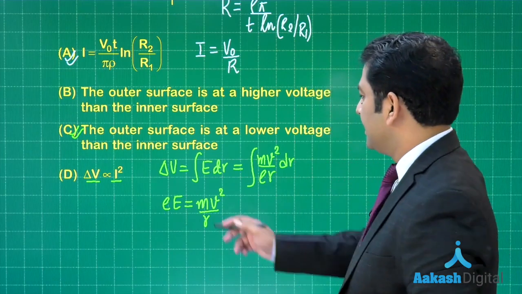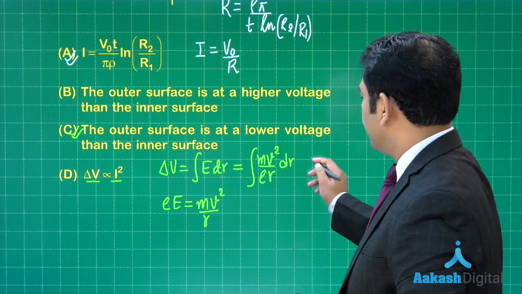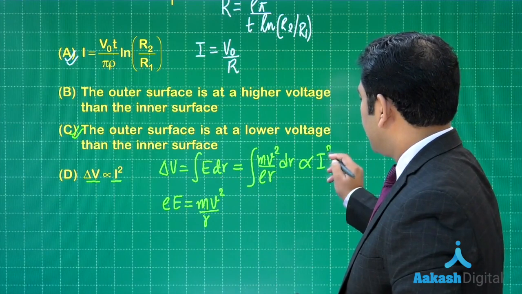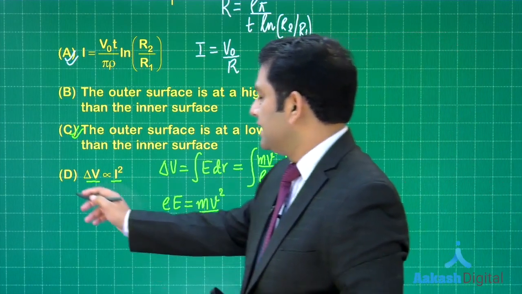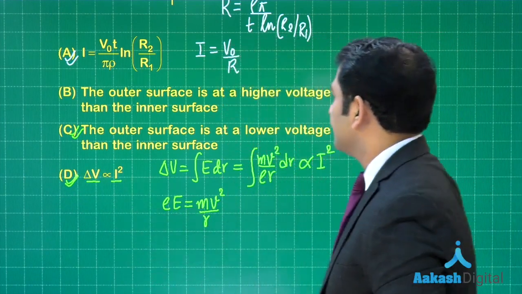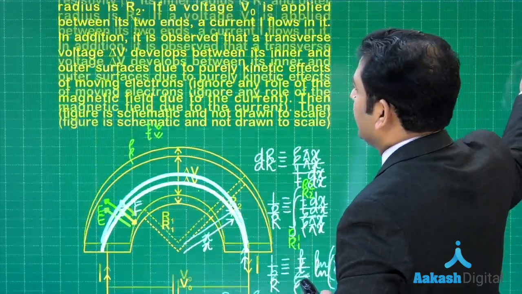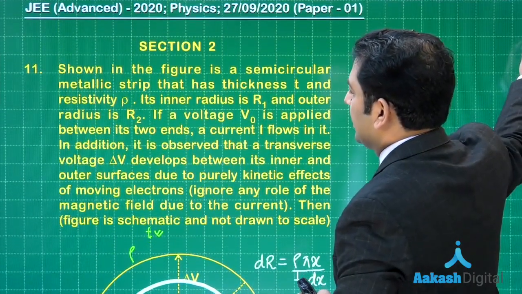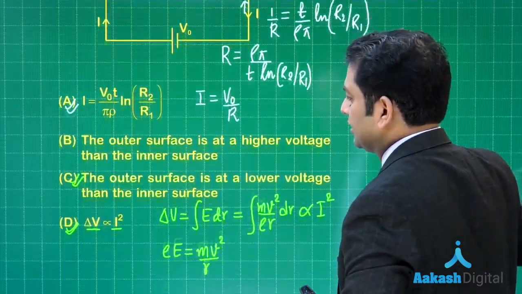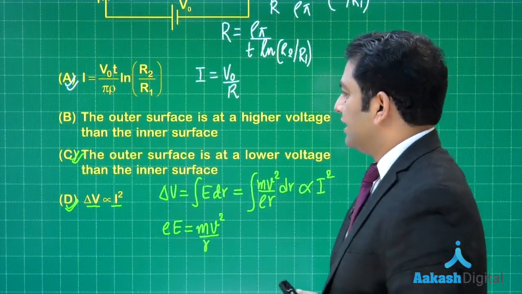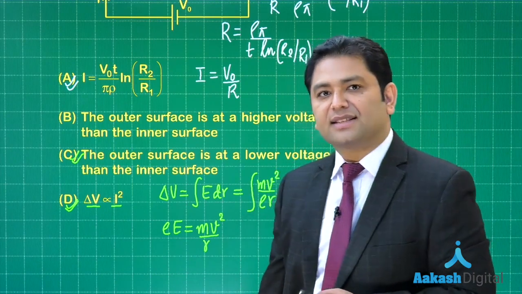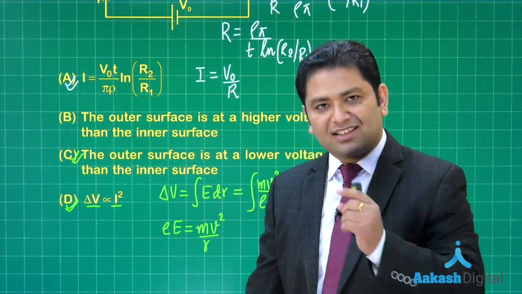So quite obviously, the potential difference will be proportional to I square. So option number D would also be correct. So for this, the 11th question, options A, C and D are going to be the correct ones. Let's proceed further. The 12th one, that's the final question for this section.